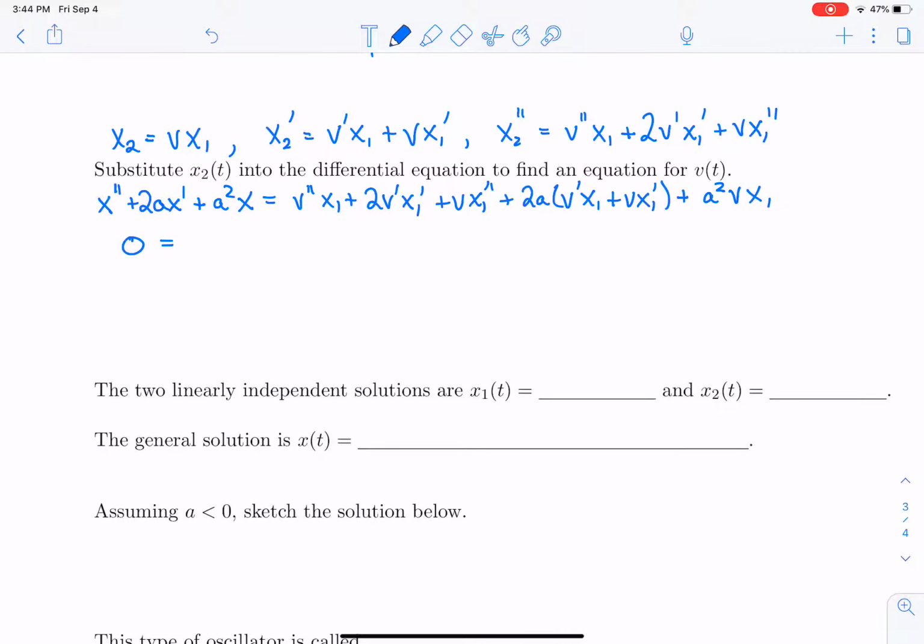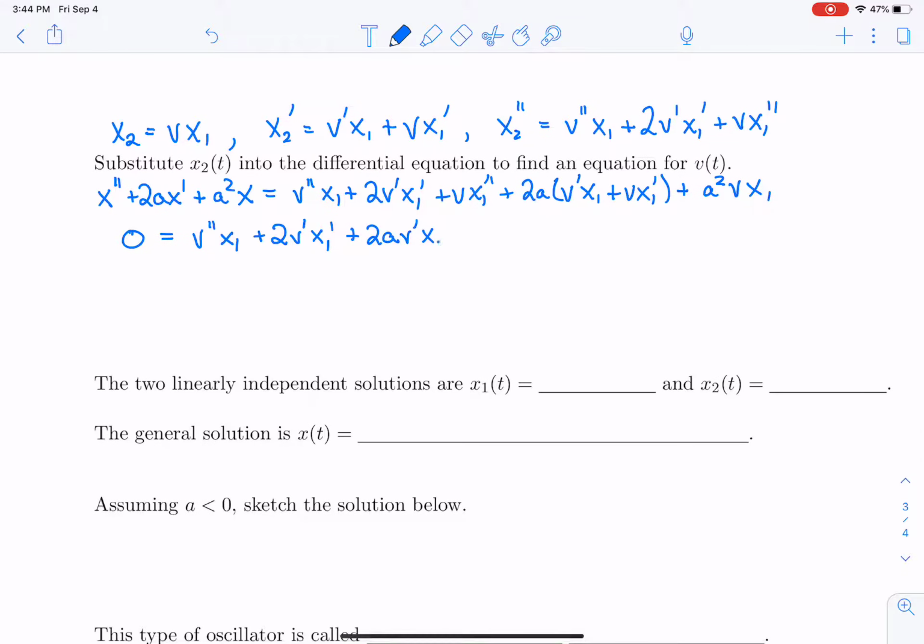So 0 in this case is going to equal, now I need to rearrange things. I'm going to call this v double prime x1 plus 2 v prime x1 prime. So nothing has changed there. And then I'm going to pull out a plus 2a v prime x1. So let me just underline these things real quick.